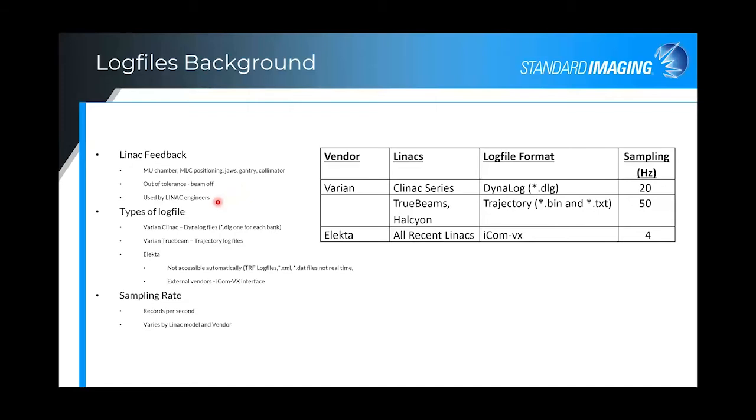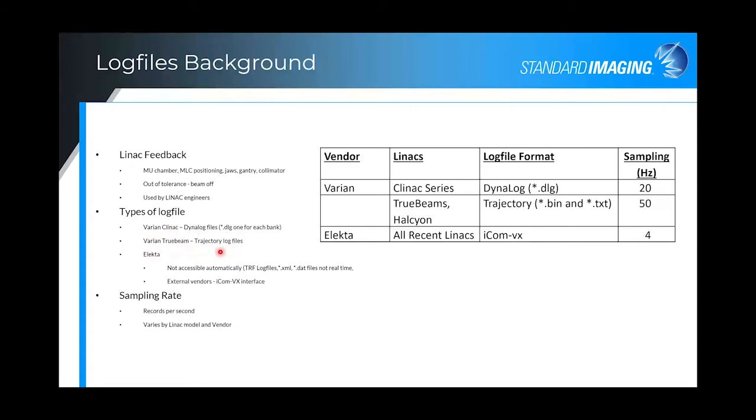And these, of course, were originally intended for use by the Linac engineers, but there's a lot of great information associated with the log files that we can use for QA purposes. And there are different types of log files for the different vendors, clearly, and even between the different models. So the Varian Clinac has the Dynalog files.